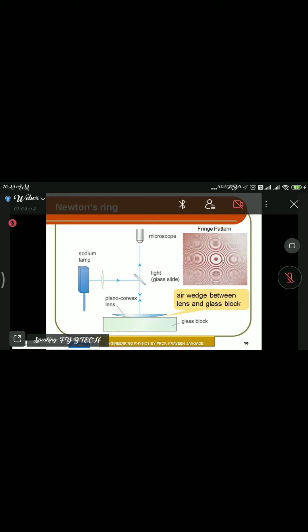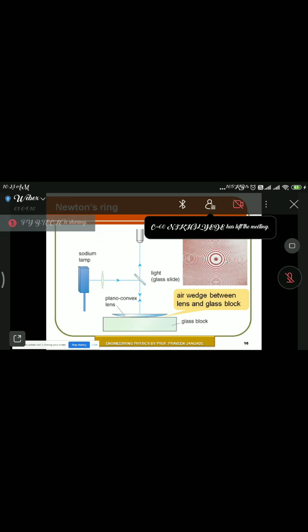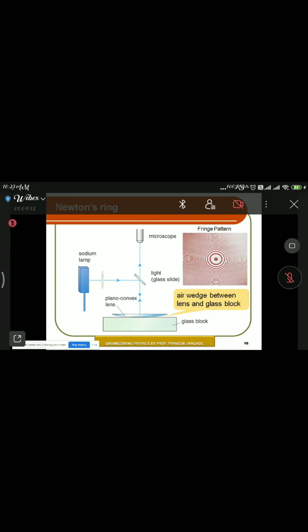So both proportions are not in the same manner. Therefore the pattern is not equidistant. Toward the center the distance is large, and away from the center the distance is narrow and narrow. So it becomes a closed pattern away from the center.